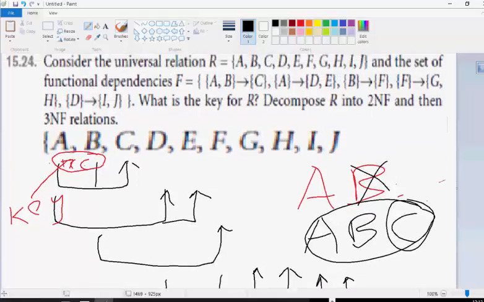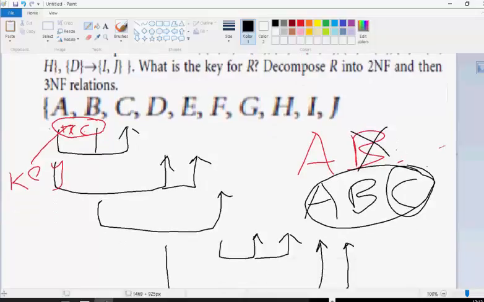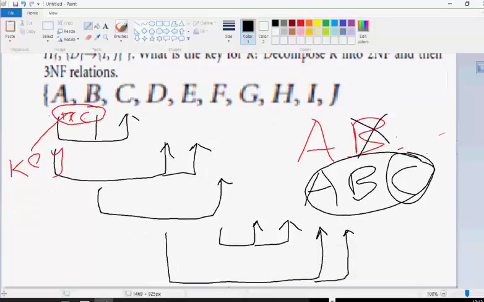Now it's asking next that we look at second normal form. Right. So let me clean this out a bit, and then we will look at second normal form. Right.